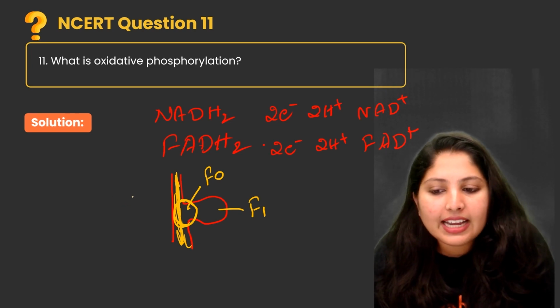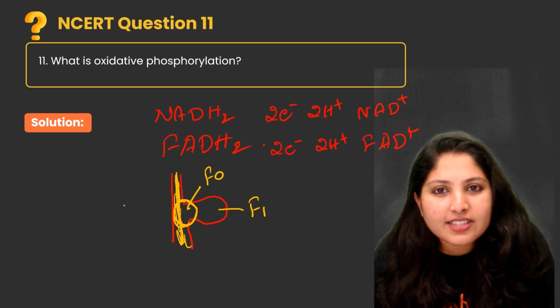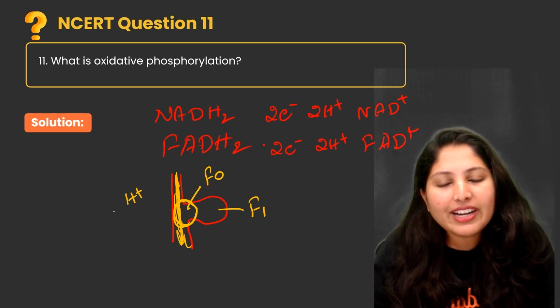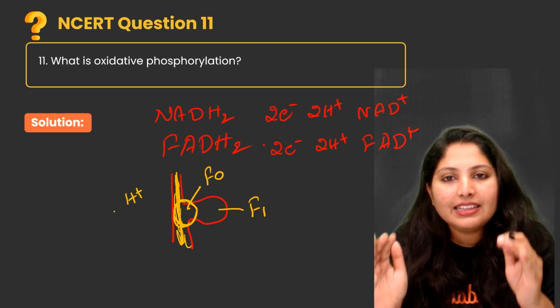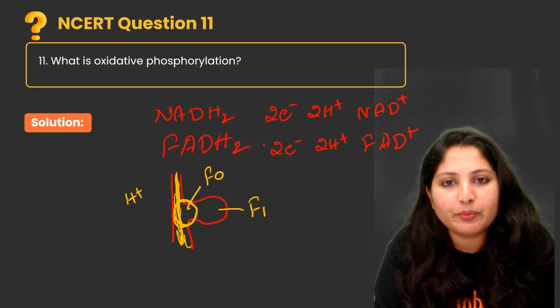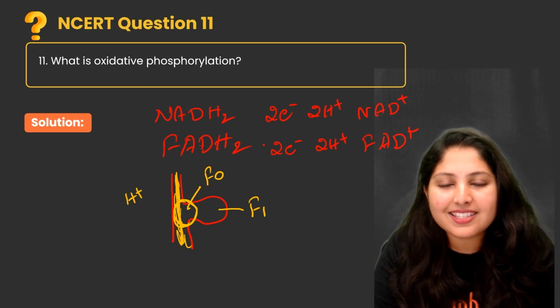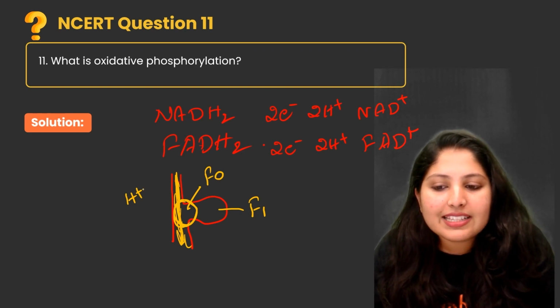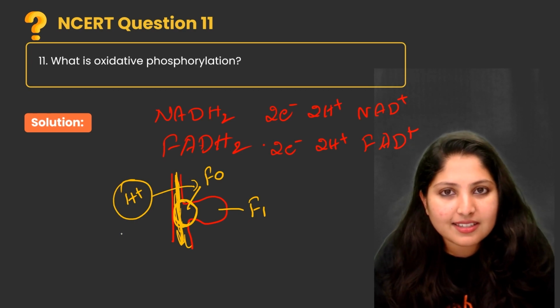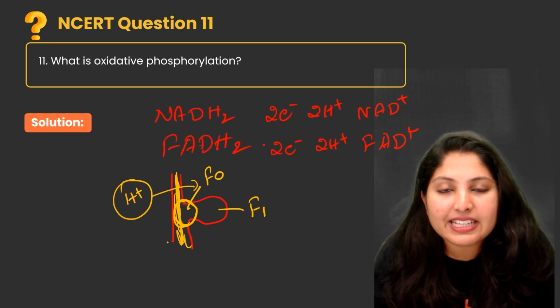See, here in the intermembrane space, the concentration of H plus is very high. So what happens? The molecule moves from the higher concentration towards the lower concentration, right? So this is known as diffusion. So these protons have to enter into the matrix. But in between, what is present?